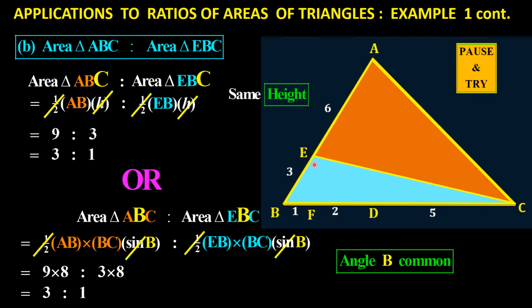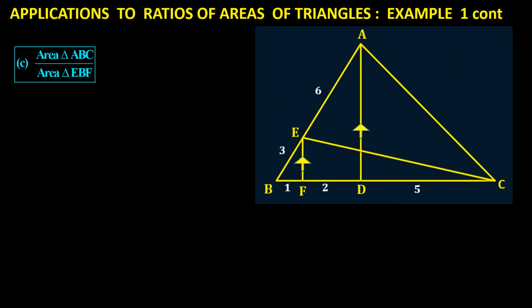So this here is 9 and this is 8, so it's 9 times 8. This adjacent here is 3 times 8, so that will be 3. And we simplify that, we get 3:1. So sometimes you can use either the standard area formula, or you can use the trigonometric area formula. Let's look at another two triangles.